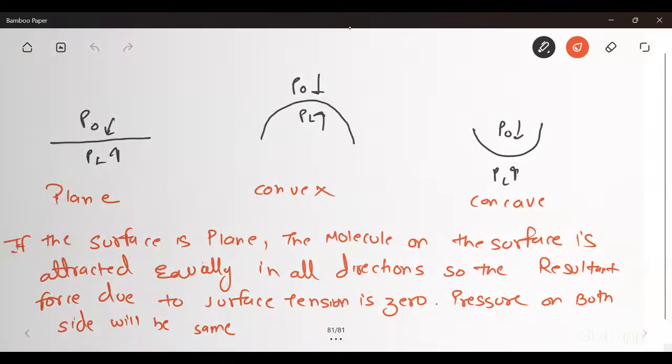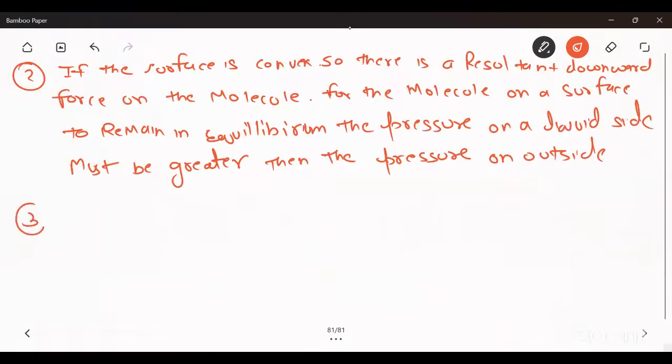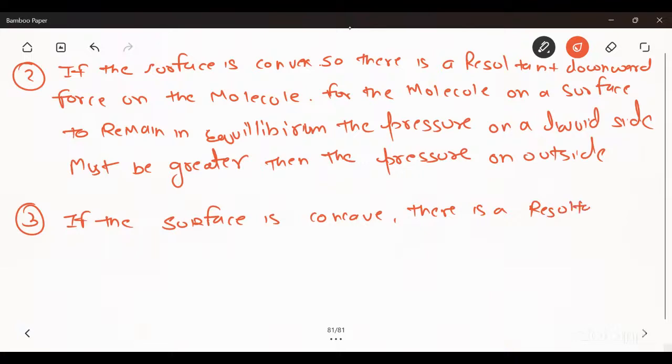Okay. So if the surface is concave, there is a resultant force F due to surface tension on the molecule.